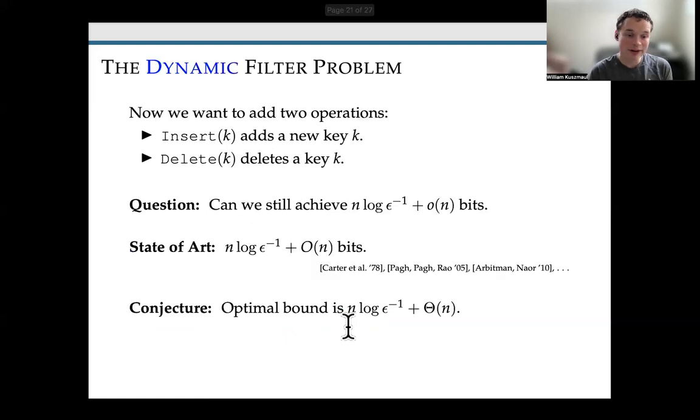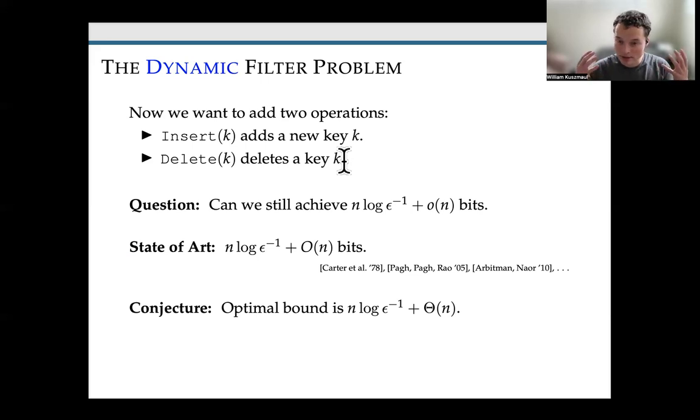But again, what we're interested in is the dynamic version of the problem. And in this case, all that dynamic means is that we want to support insertions and deletions. So an insertion adds a new key that is not currently present, and a deletion removes some key out of those that are currently present.